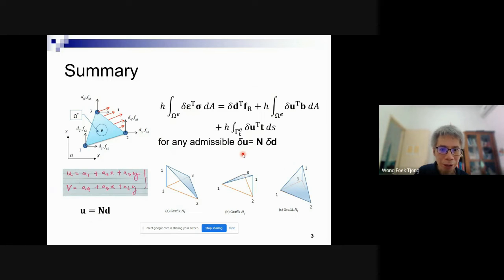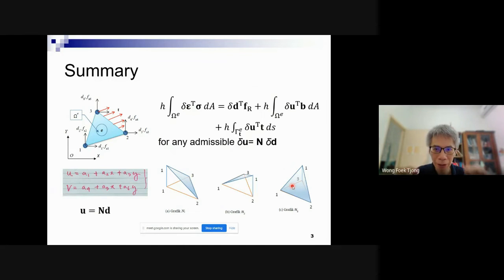The shape functions we derive are based on linear shape functions. It means we approximate both u and v using linear shape functions, and then derive the shape functions in Cartesian coordinates. These are the graphs of the shape functions, always 1 at the corresponding node and 0 at the others: N1, N2, and N3.